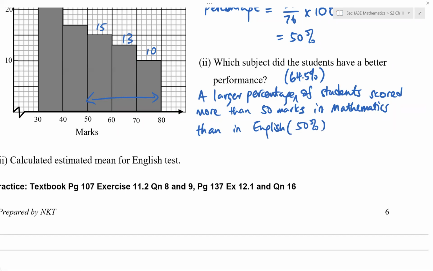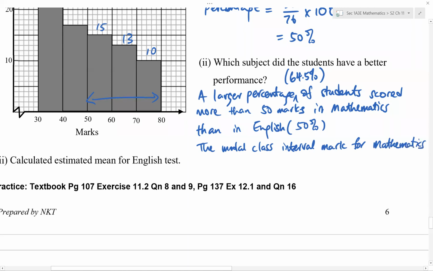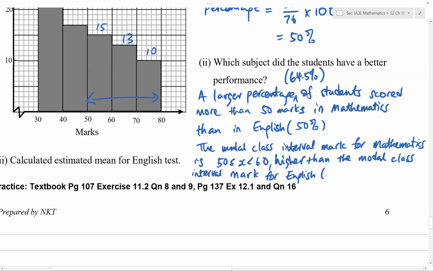Then we also can talk about the modal class interval. The modal class interval mark for mathematics is 50 to 60, which is actually higher than the class interval mark for English, which is from 30 to 40.